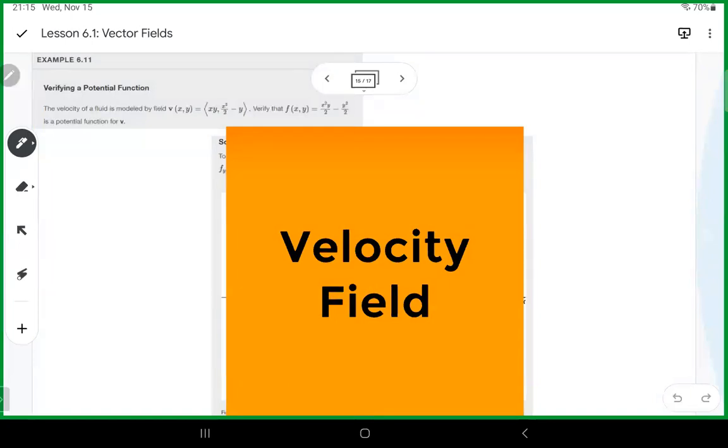All right. This is another situation where I'm just giving you the answer because it was a lot easier to do it that way. So it says verifying a potential function. The velocity of a fluid is modeled by the following field. Verify that f(x, y) is a potential for v.